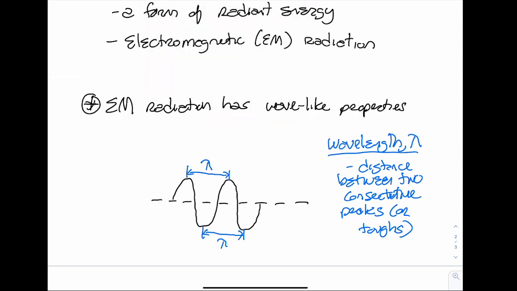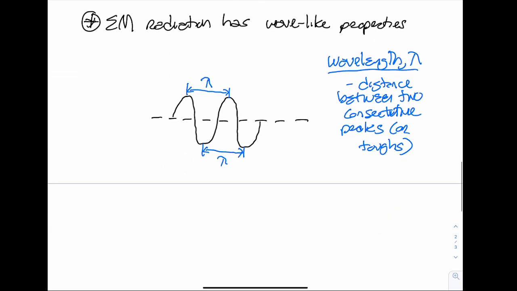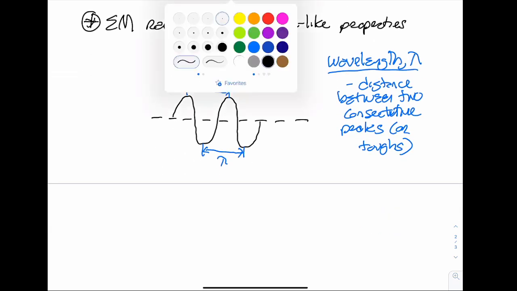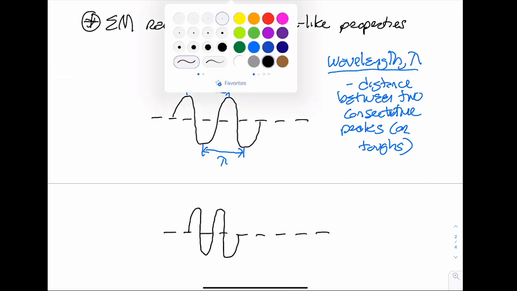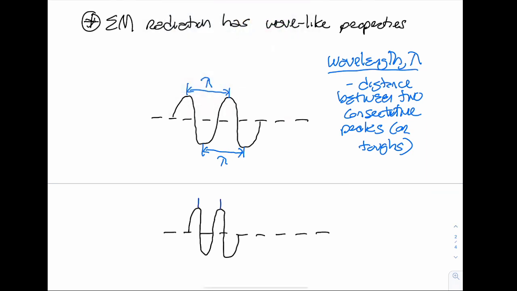So wavelength, the distance between 2 consecutive peaks or troughs. Again, that is remaining constant for a particular wave. Not all forms of light energy have the same wavelength, but the wavelength for a particular form or a particular stream of energy isn't changing. So I could draw another wave that has a much smaller wavelength, right? So my wavelength for this one is much smaller.